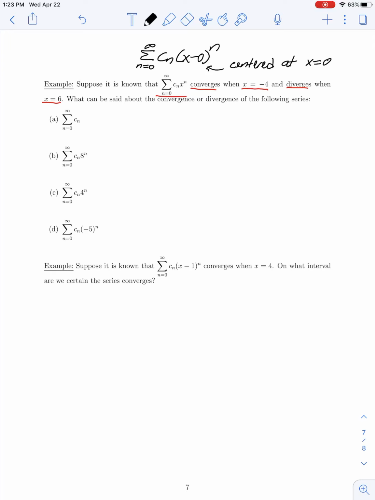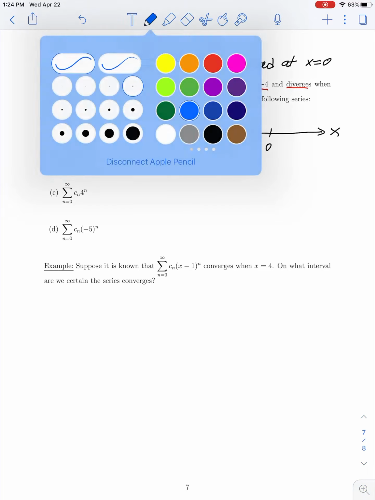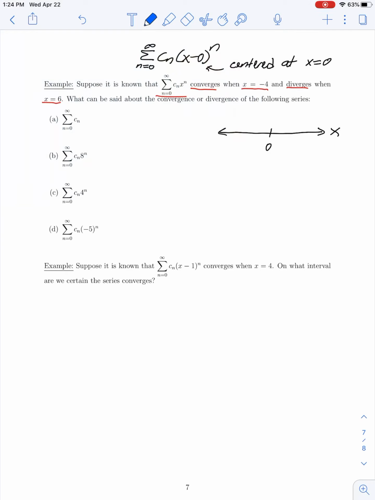So let's think about a visualization for the interval of convergence. If we think about a number line of x values, we're centering at 0, and we are told for this series that it converges when x is negative 4.